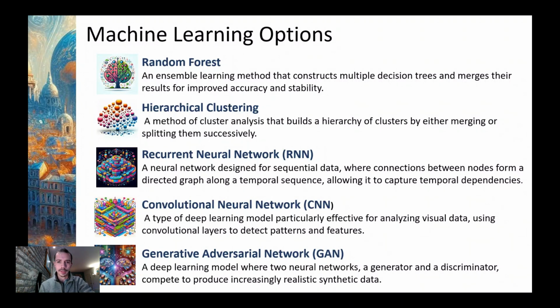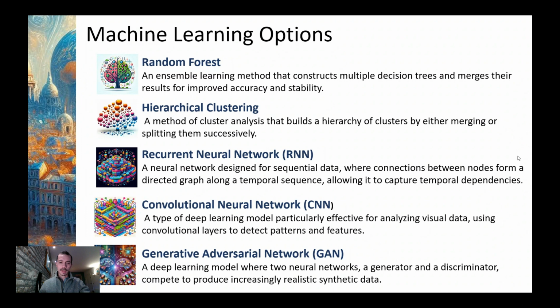We also went into some more deep learning algorithms like the RNN, the recurrent neural network, which is designed for sequential data, where connections between nodes form a directed graph along a temporal sequence, allowing it to capture temporal dependencies. We also have the CNN, the convolutional neural network, which is particularly effective for analyzing visual data using convolutional layers to detect patterns and features.